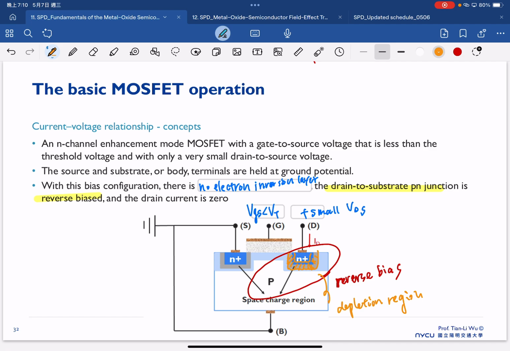The next phase is that we start to increase our gate bias.